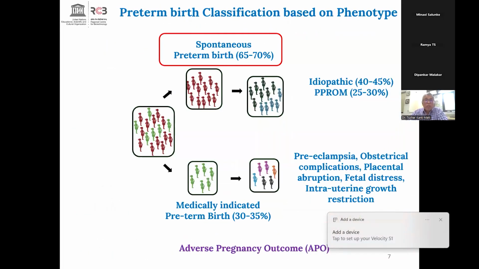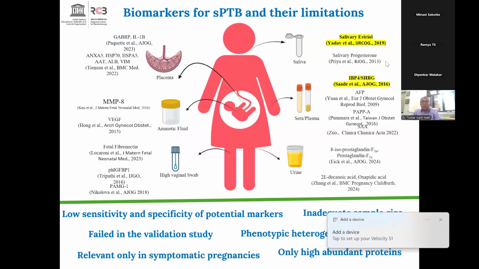So, biomarkers for preterm birth. As I mentioned, this problem has been addressed for several years. It has not just been initiated. For almost 35 to 40 years, people have been extensively working in the area of biomarker discovery associated with preterm birth.